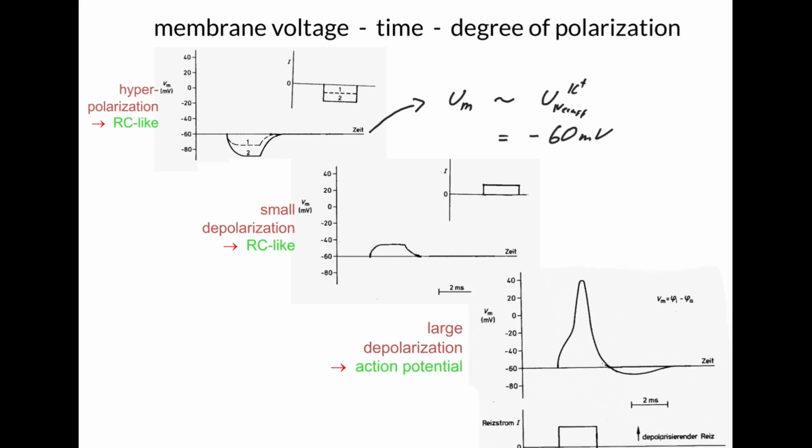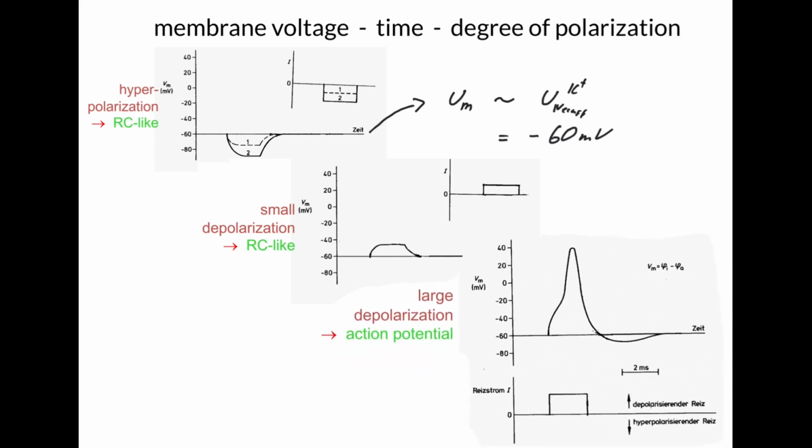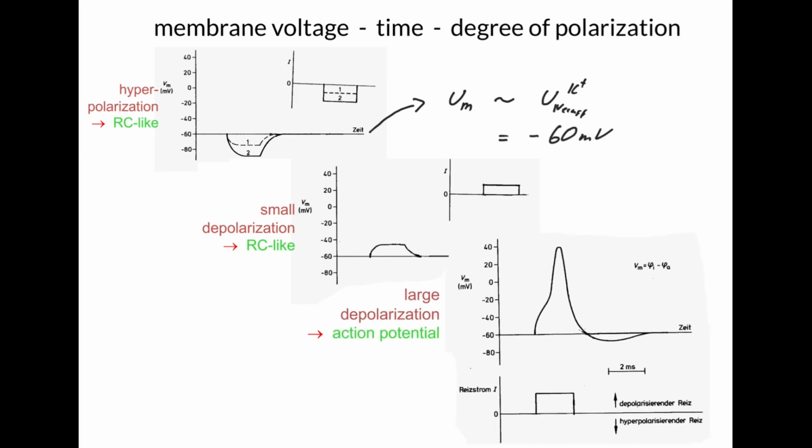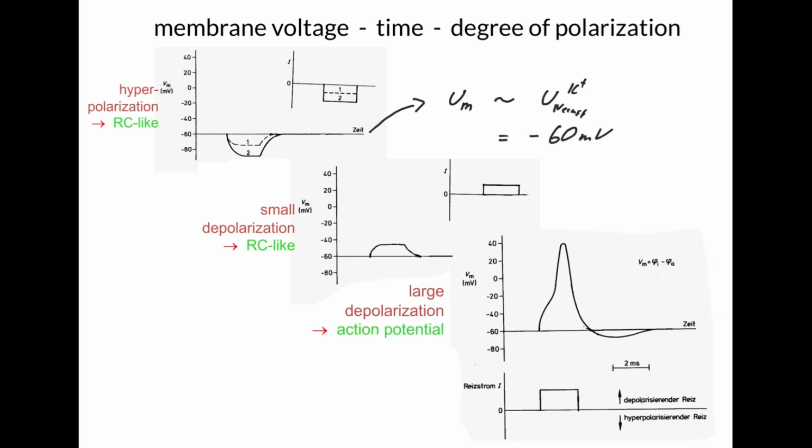Now, this simple picture dramatically changes if you go to higher depolarizations. If you give a large depolarization pulse, you will see that first there's this RC-like behavior, but suddenly there's a dramatic voltage increase, up to plus 45 millivolt, by which the axon will react.